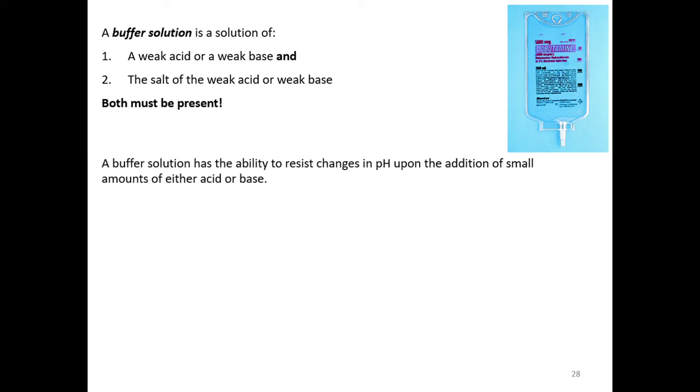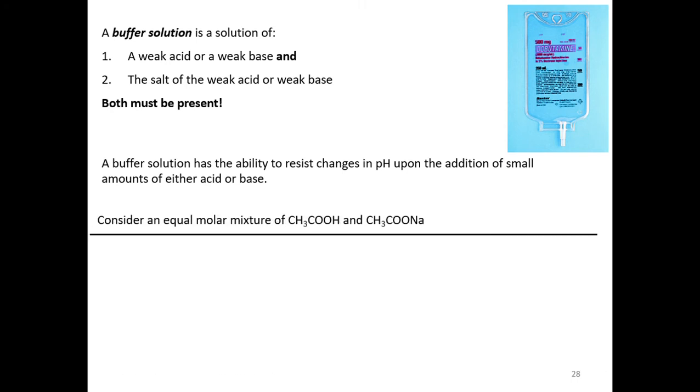Both must be present. What is the definition of a buffer? A buffer solution has the ability to resist changes in pH when you add small amounts of either an acid or a base, and we're going to do some calculations that show this property of buffers when we add acid or base.